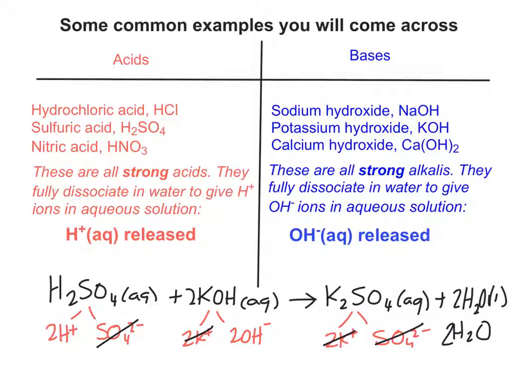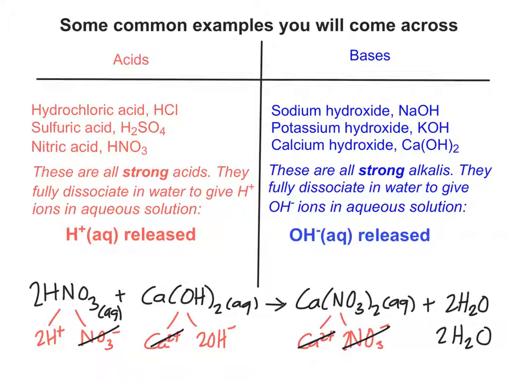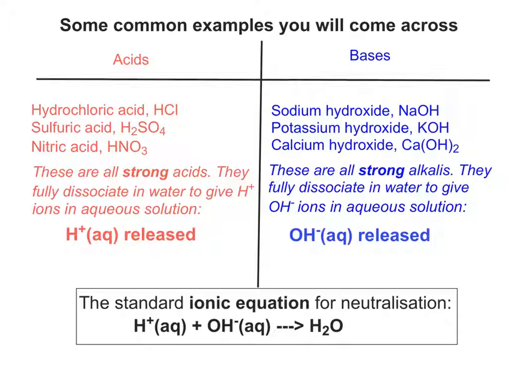Again, H+ and OH- reacting to make H2O. No surprises, it happens a third time with the other combination. So that gives us, in all acid-base reactions, the standard ionic equation for neutralisation, H+ plus OH- giving you H2O. So this happens every time an acid and an alkali react.